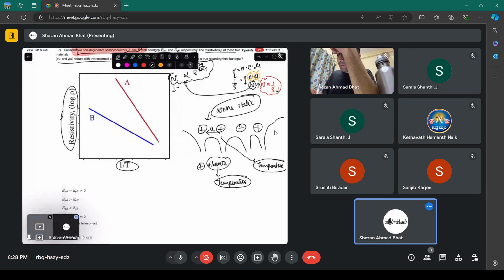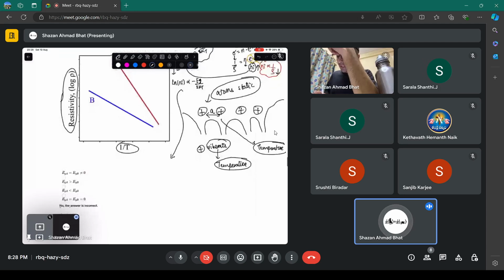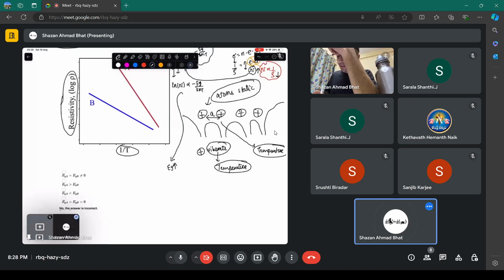You write that this is ln of Ni is directly proportional to minus Eg divided by 2 kT, and because if Eg increases, Ni will reduce. If Eg reduces, Ni will increase.